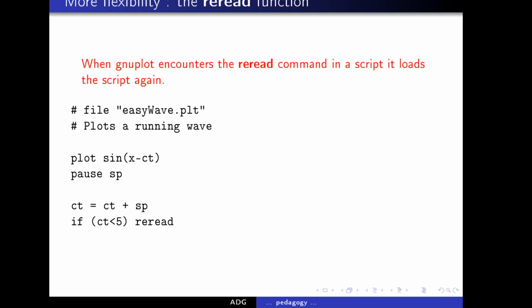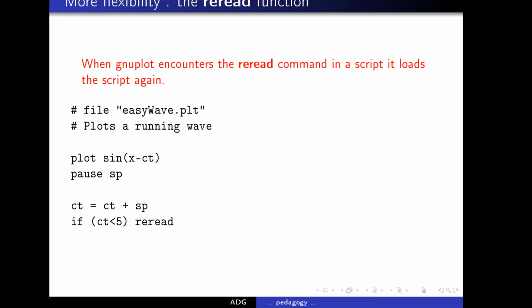You are simply plotting the function sine of x minus ct. Ct here is really not c times t, it's just a variable which is called ct, but is supposed to invoke in your minds the idea about speed of the wave into time. Then it's pausing the plot, the script, for a period of time given by this variable called sp.